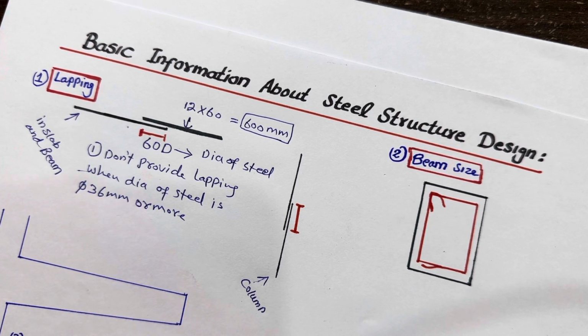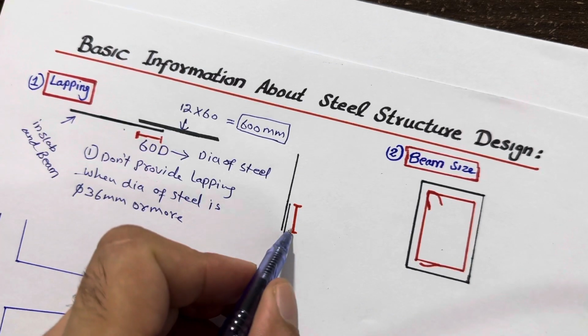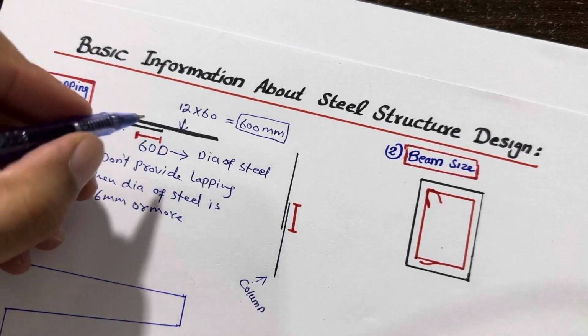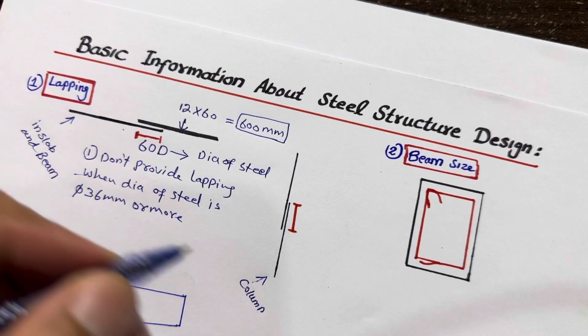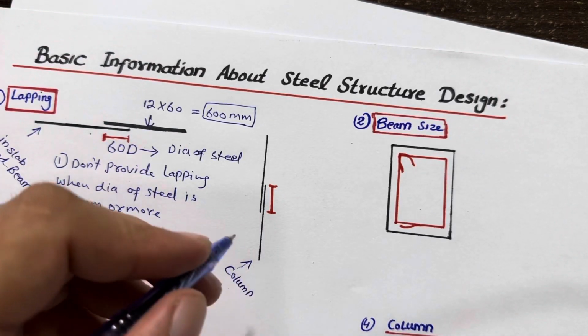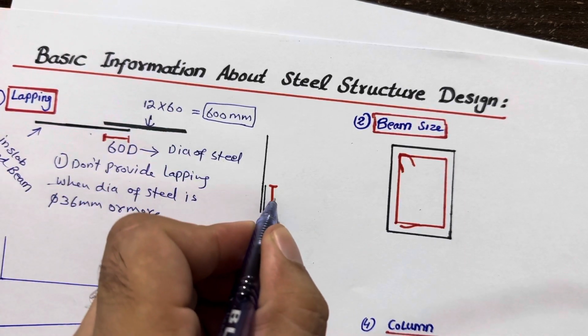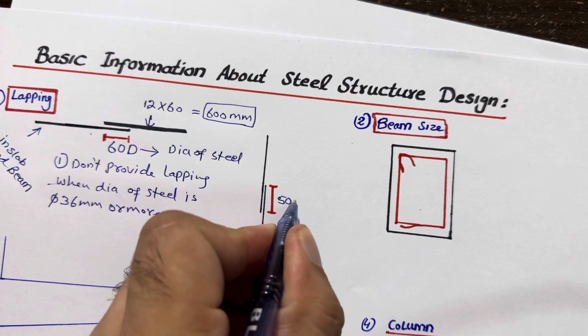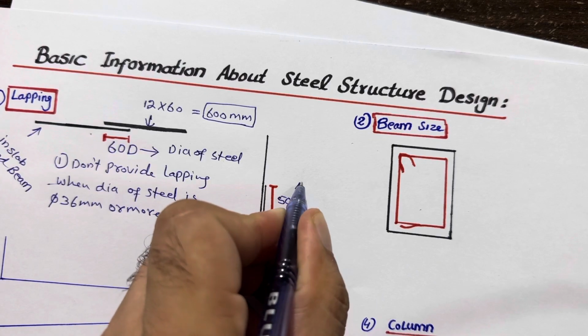Next guys, if you see the lapping inside the column, where you can provide the lapping, I will guide you in the next video. Now if you require to provide the lapping, the lapping in column should not be less than 50D, where D is the dia of steel rod, as we discussed before.